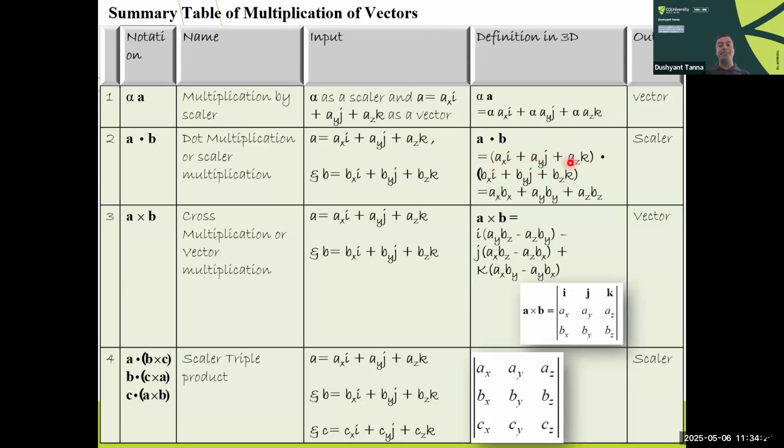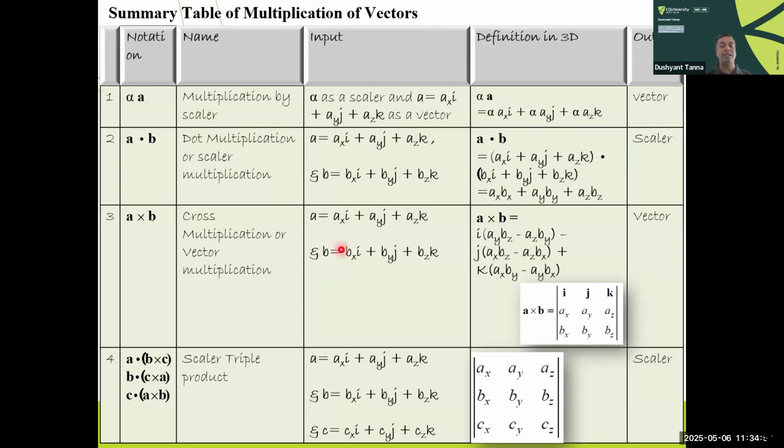First with the first, second with the second, third with the third, right? The absence of I, J, K, or any vector indication, will produce a scalar outcome. So you started with 2 vectors, and the multiplication outcome is a scalar, while in cross multiplication, or vector multiplication, you started with 2 vectors and the outcome is also a vector.